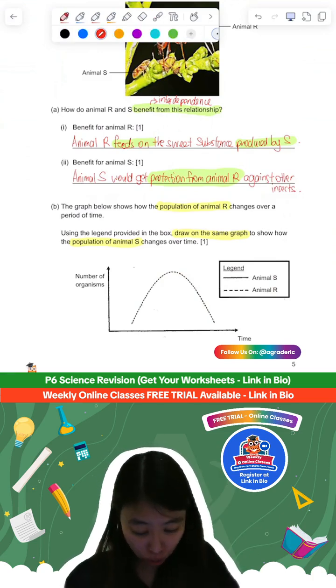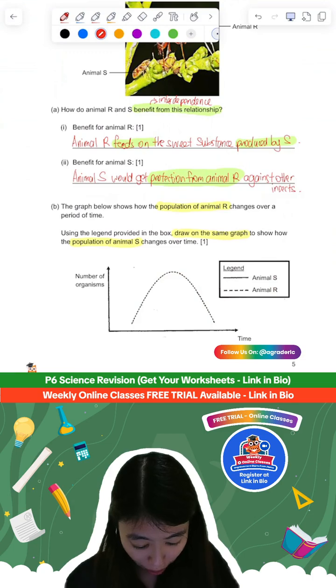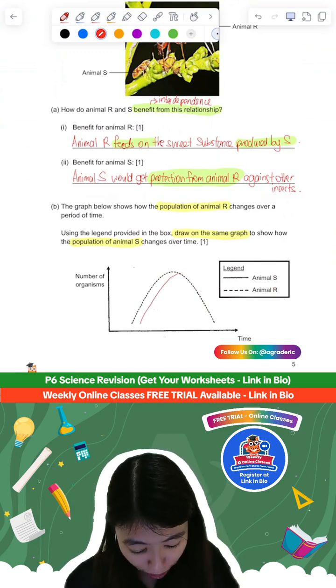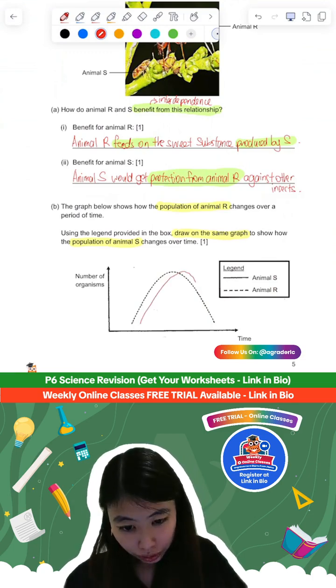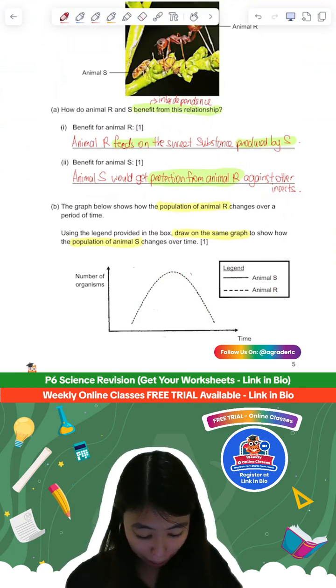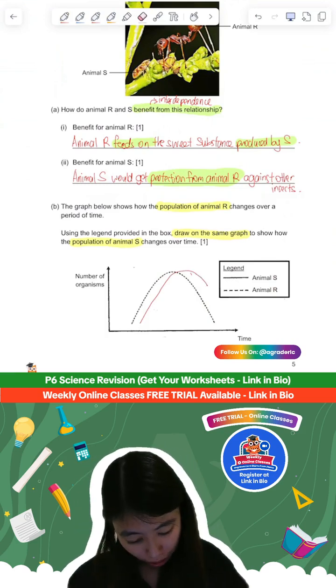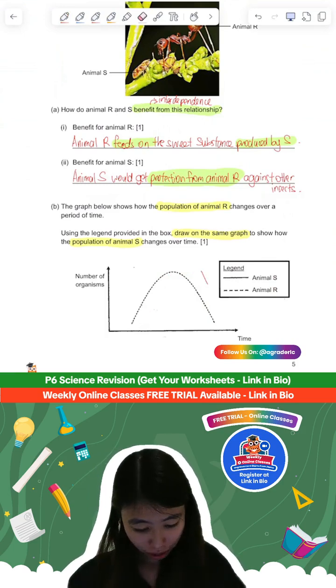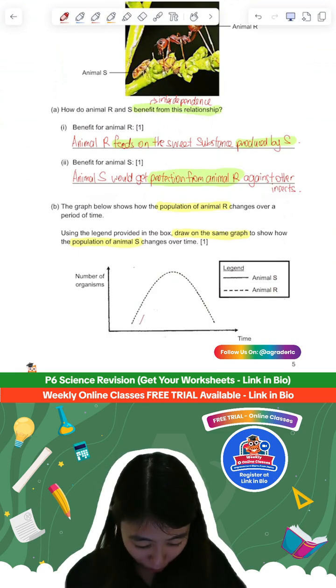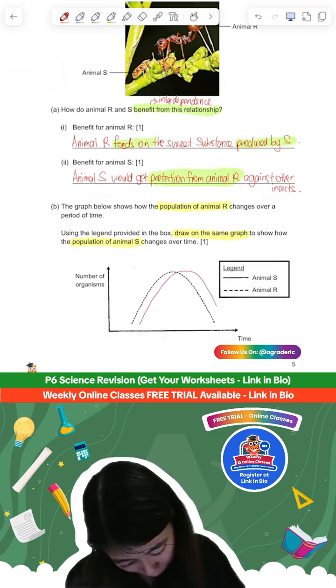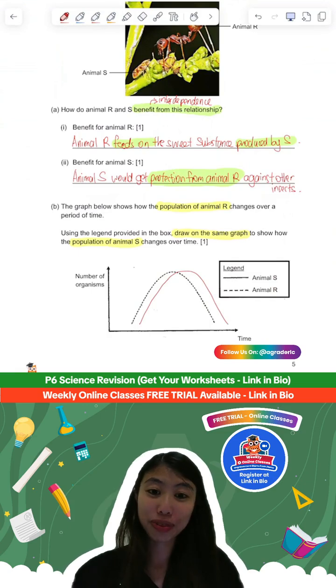So I am supposed to draw another graph which looks the same, just that this happens later. Let me try to draw. It should look like that.